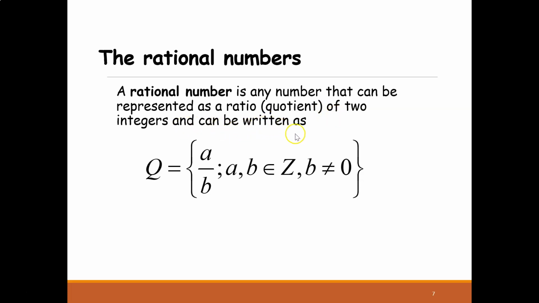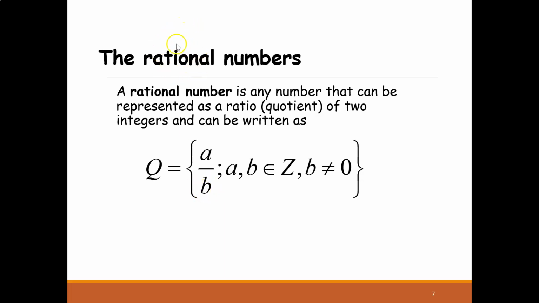Rational numbers are denoted by capital Q, and can be written as A over B, where A and B are integers, Z just now, and B cannot be equal to 0. Dia punya penyebut tidak boleh sama dengan kosong.